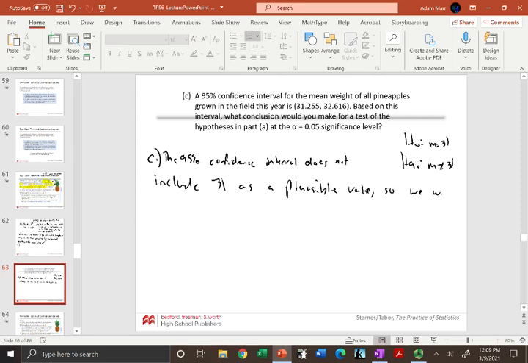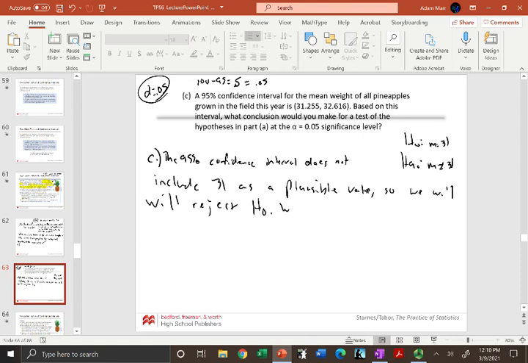So we will reject the null hypothesis right here. Now we have convincing evidence for the alternative hypothesis at the alpha equals 0.05 level, and the reason it's 0.05 is 100 minus 95 is 5, which is 5%, which is 0.05.